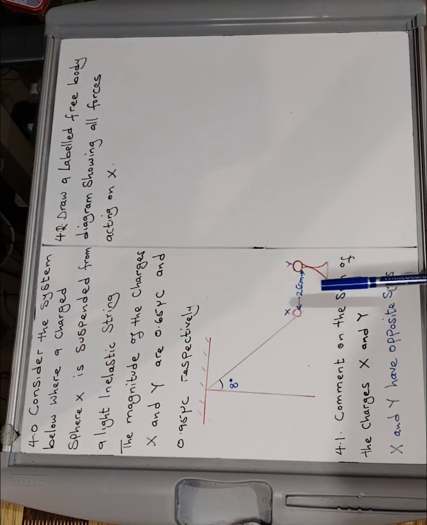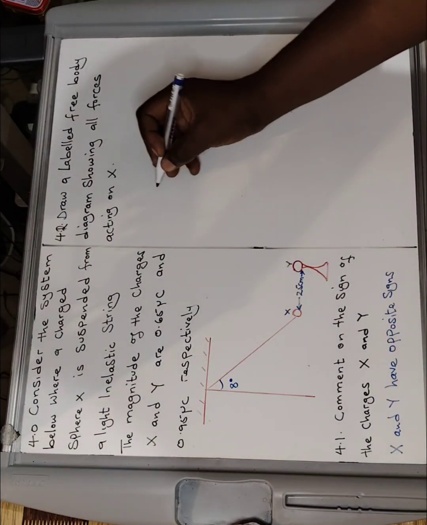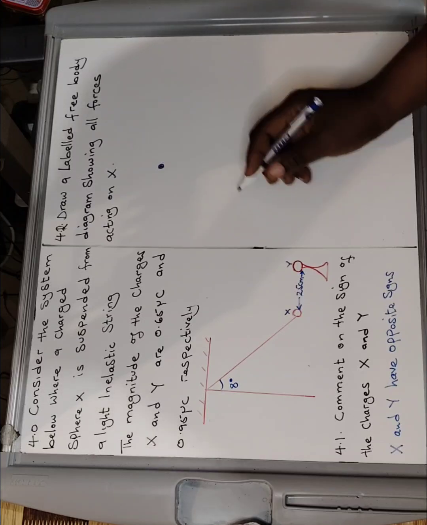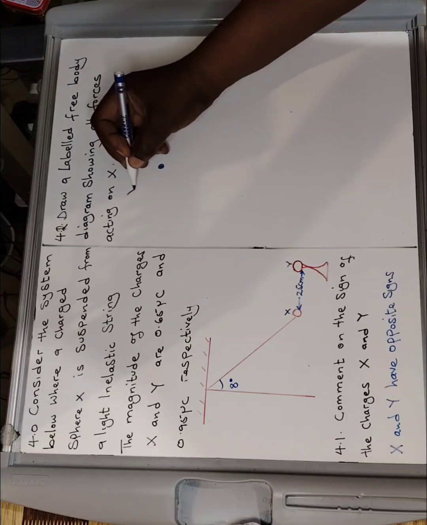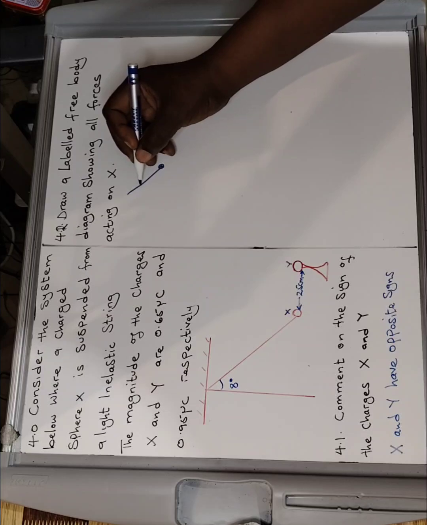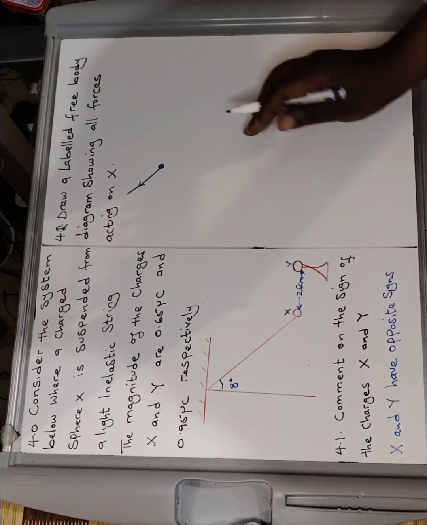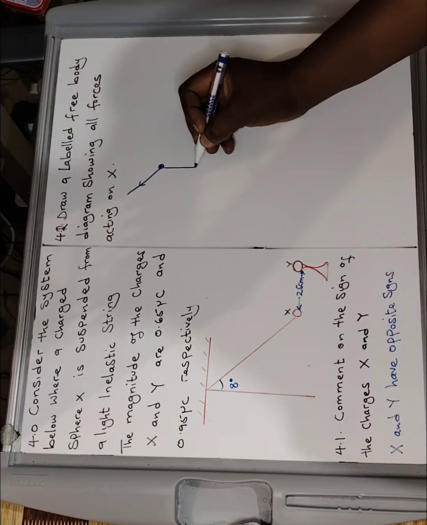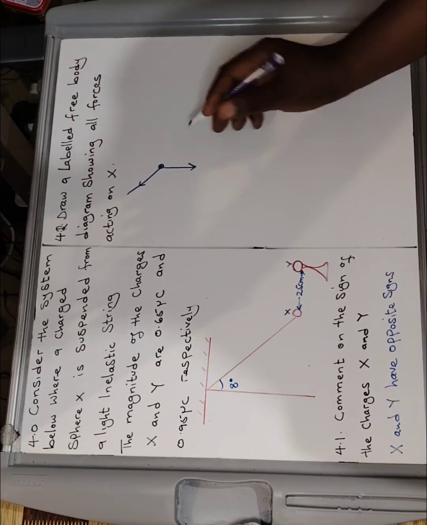And on the assumption that it has mass, there is another force acting vertically downwards, which is Fg. So this is what we know. In the free body diagram, this is the force due to the string, and this is the force due to its weight.